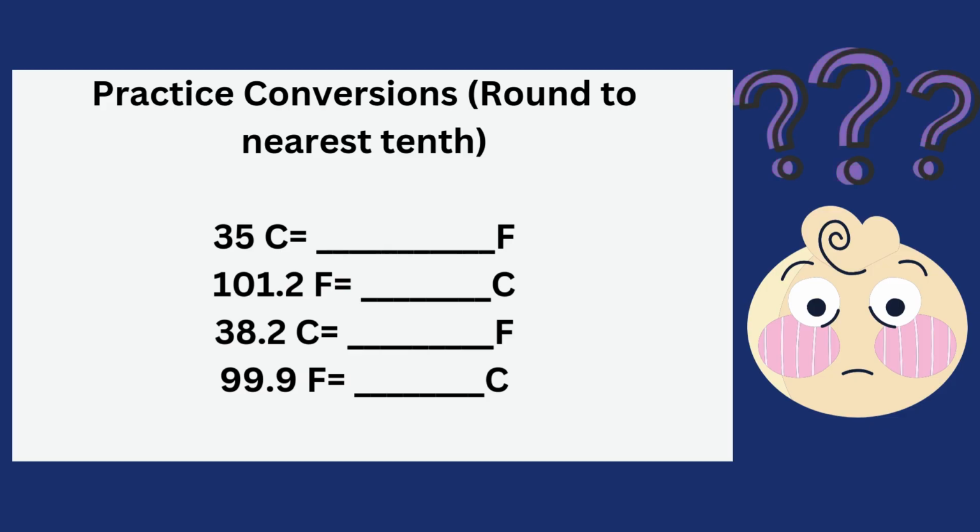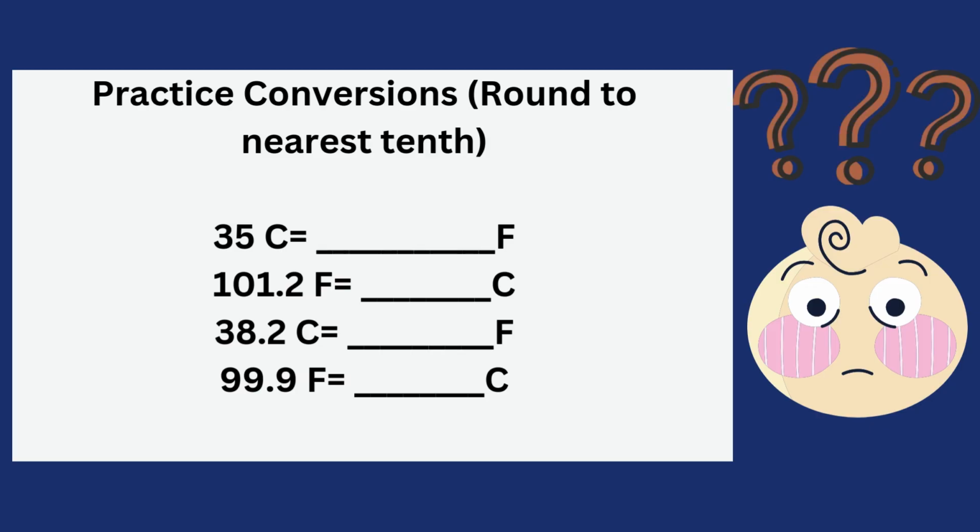That would give you 68.76, and we're going to add 32 to it. And you would get 100.76. But our instructions said to round to the nearest tenth. So I need to make sure that's to the nearest tenth. So your final answer should be 100.8 for that one.